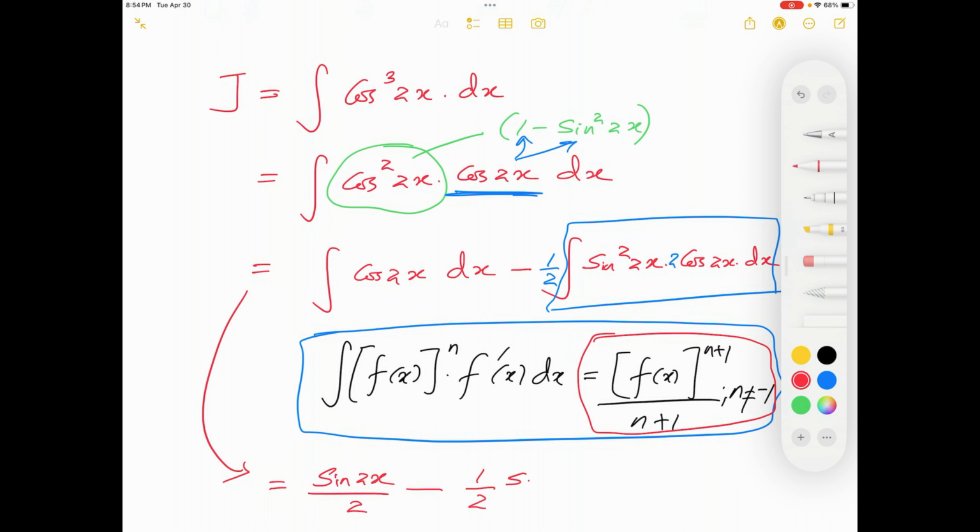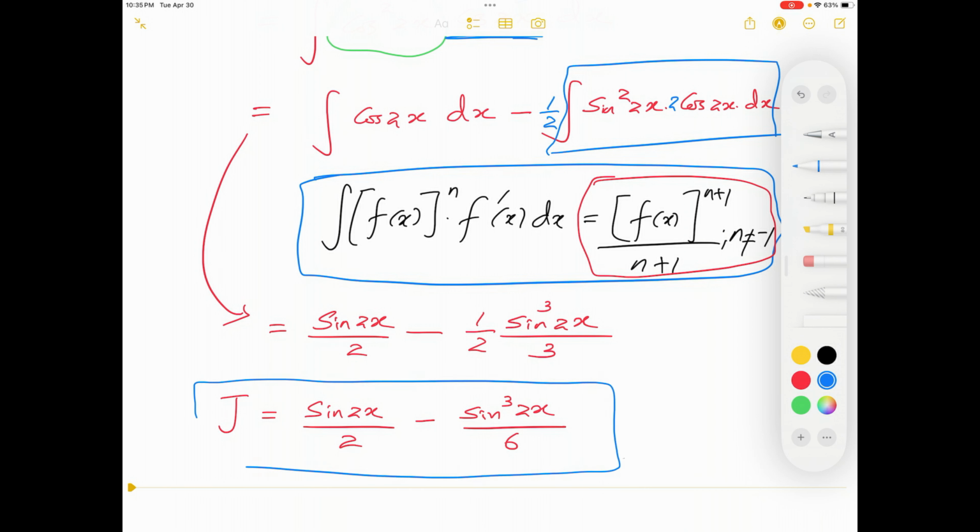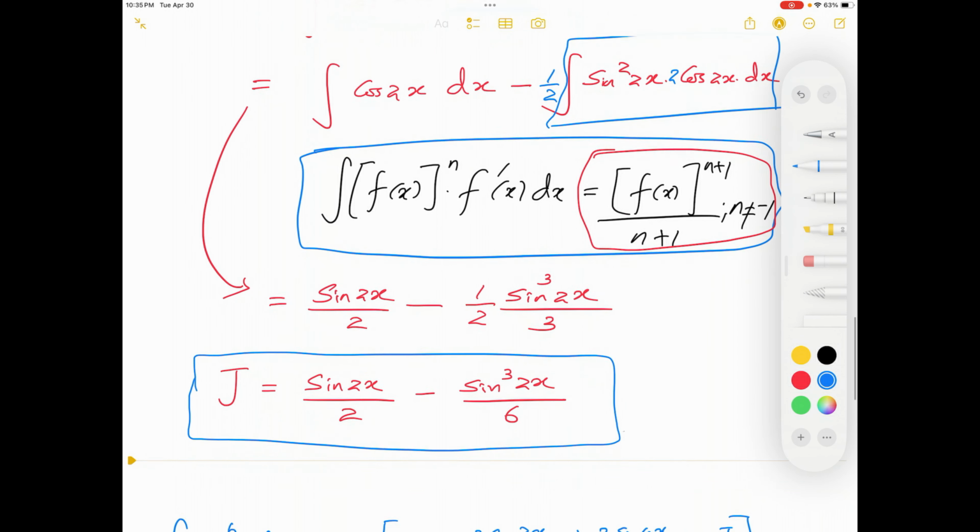F of x is sine 2x, n is equal to 2, n plus 1 is equal to 3. Therefore, this is going to be sine cubed 2x divided by 3. Now we can simplify this some more and write j as equal to sine 2x over 2 minus sine cubed 2x over 6.